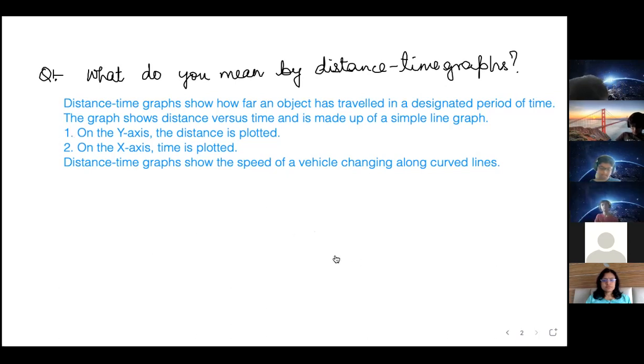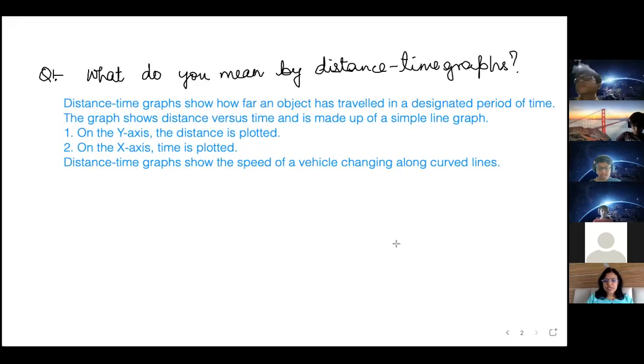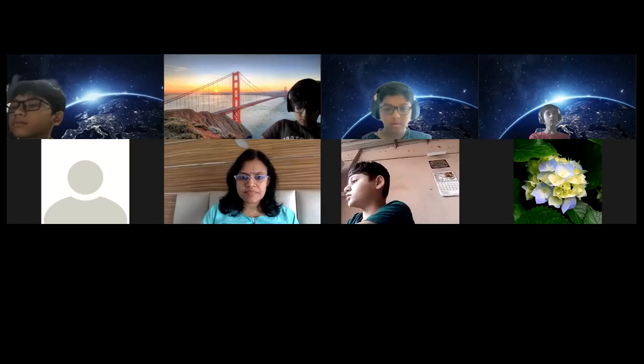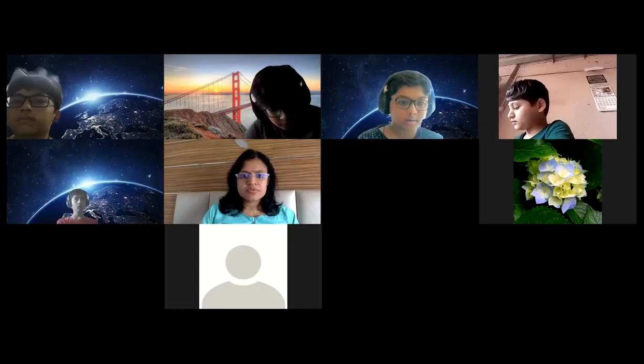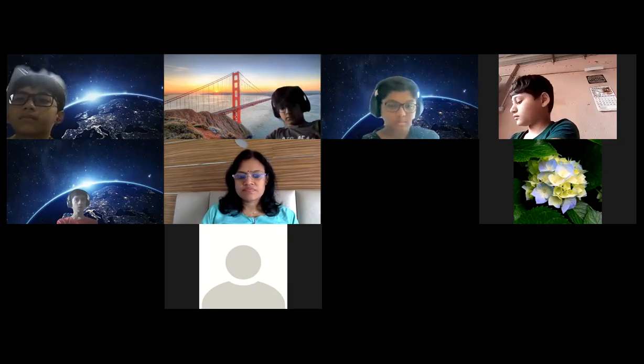Ma'am, I'm done. Ma'am, I'm also done. First, I'll show you the graph for non-uniform motion. So I'm going to unshare this and again I'll share the graph paper. Ma'am, I was on the last line. Okay, wait.